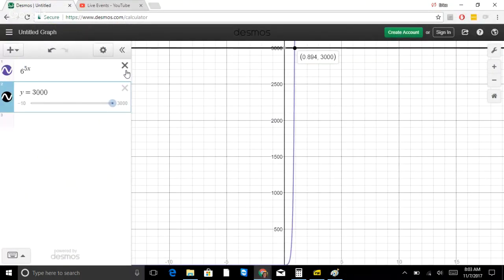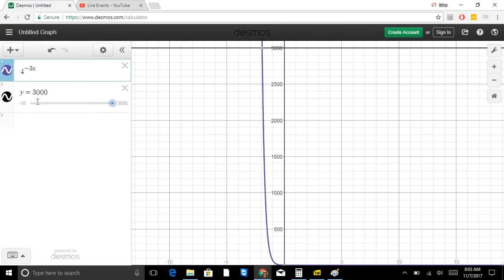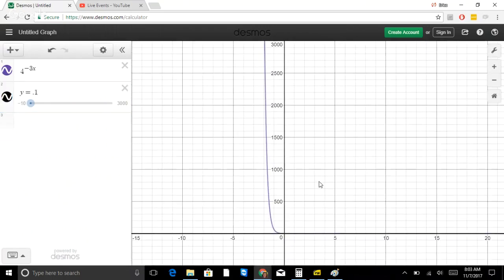All right, and then I will pop over to my graphing calculator. It's always fun when your numbers work out, right? So we have 4 to the negative 3x, 3t really, and then our y value is 1/10. So I need to change my viewing window slightly.